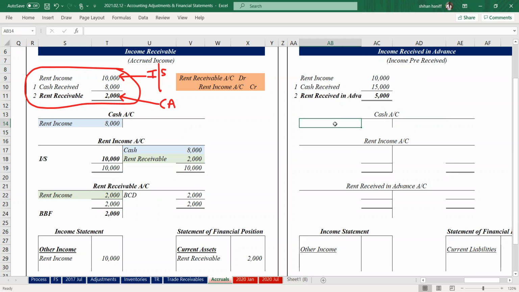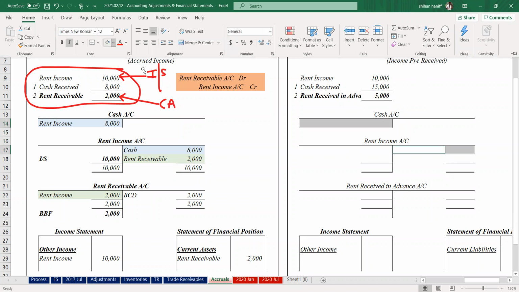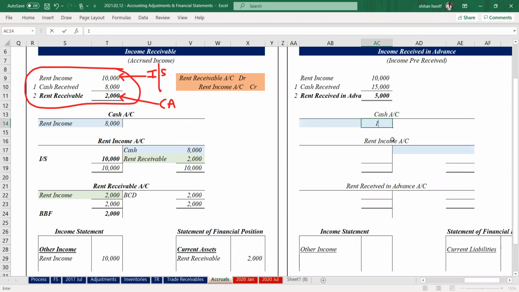First double entry, we receive cash. Cash account debit, rent income account credit. That's the first entry, 15,000. So in the rent income account, we will have 15,000 cash. But you can't take 15,000 as the income because 5,000 is extra received in advance.